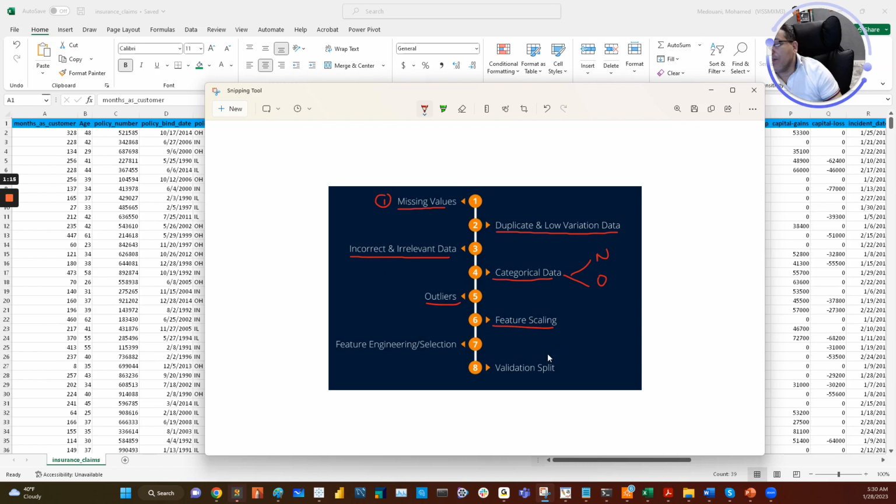So far we learned two techniques to help us reduce the elements in the data, and later we are going to learn some techniques to extract and create new features. And later we are going to talk about the data validation split.